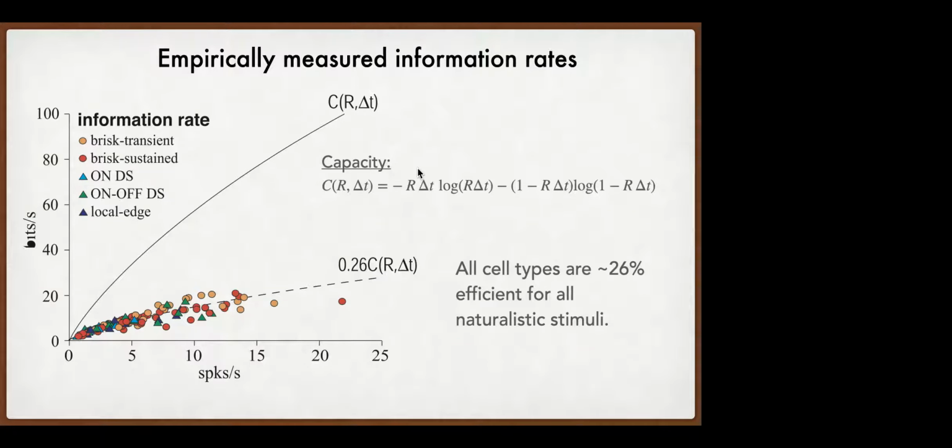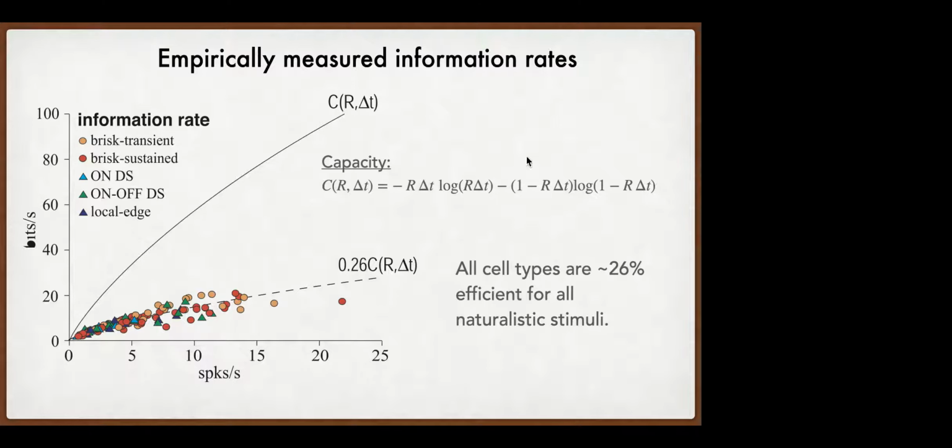Suppose you have this sort of ideal neuron firing at some firing rate R, a perfectly encoding neuron, no noise, just perfect in all the ways it does. The maximum amount of information you could transmit at a firing rate R is given by this formula, where delta T is the time bin, let's call it the refractory period of the neuron.